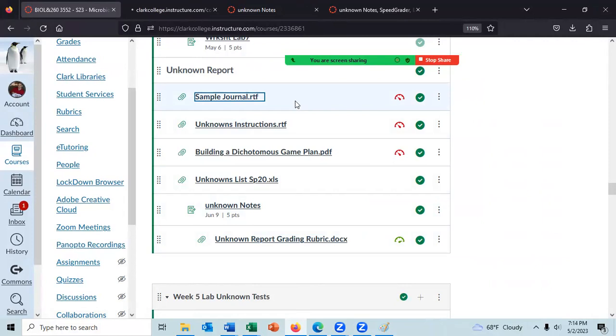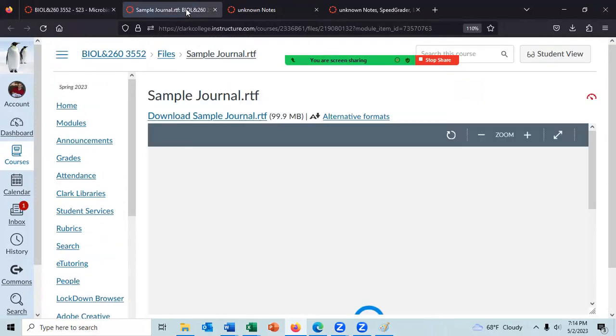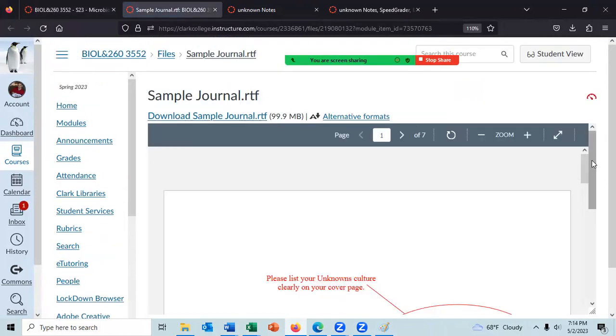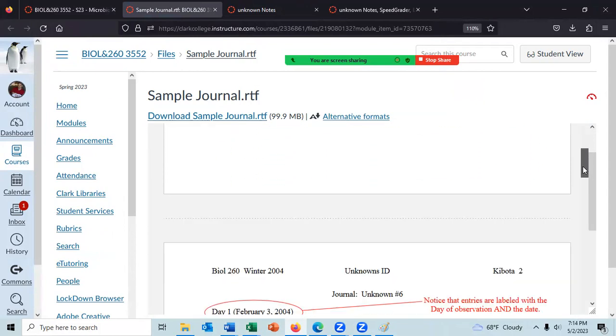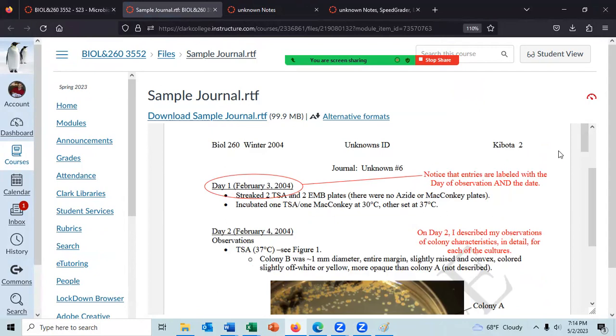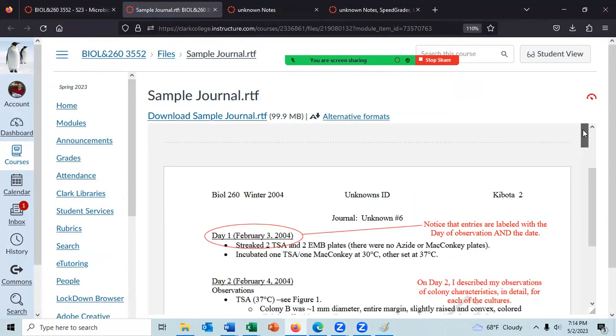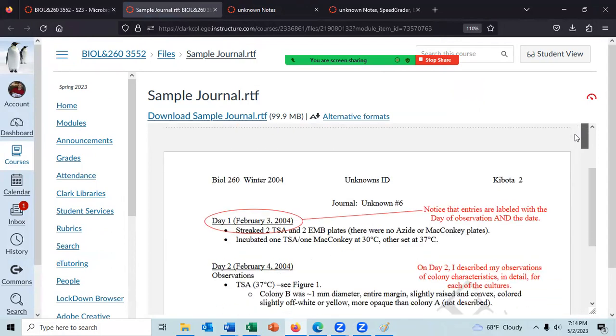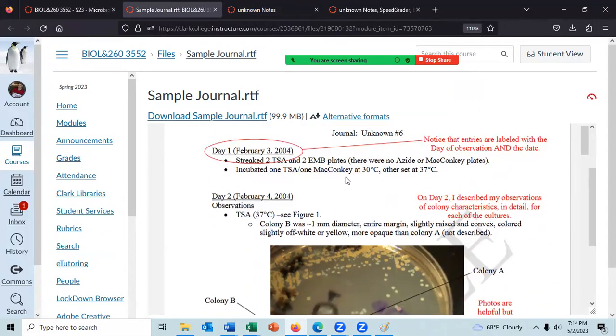This is a sample journal of what your journal should look like. Now, obviously, the beginning will be a little different, because this instructor wrote this up way back in 2004, and he streaked out plates to grow up the bacteria, like normally you put it on azide and McConkey's, and that helps you determine if it's gram negative or gram positive.